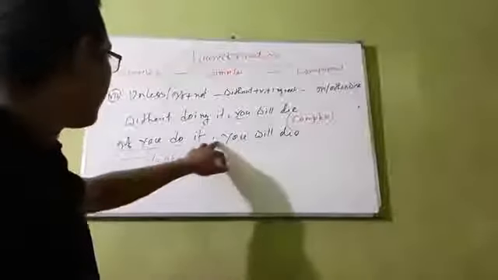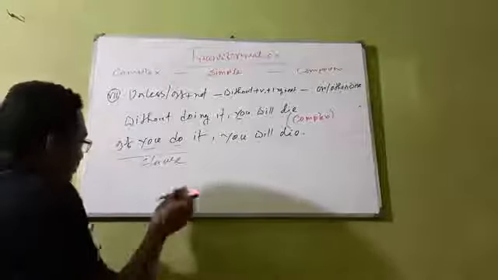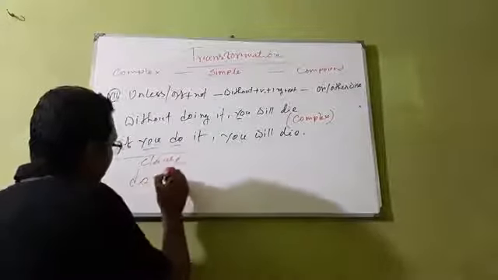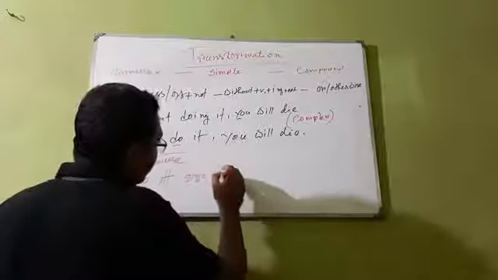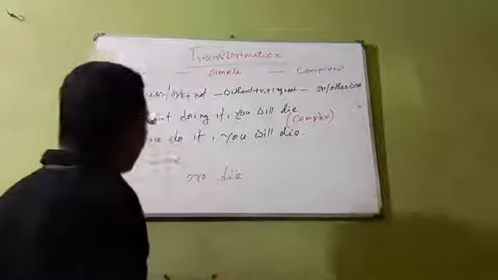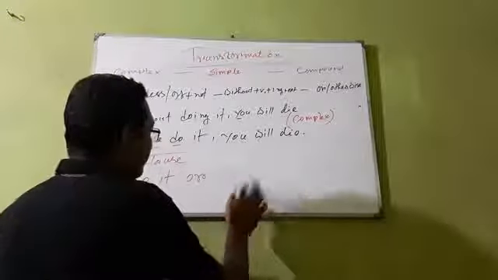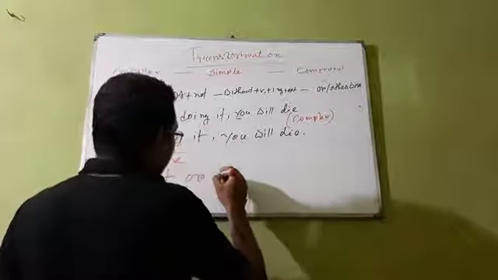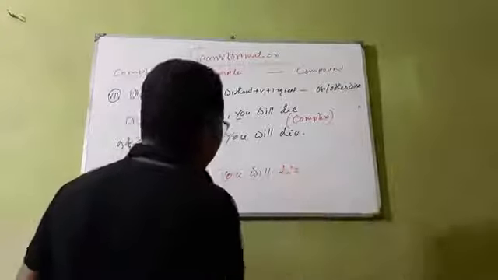Where? In the middle part of the sentence. Do it or die. Do it or you will die.